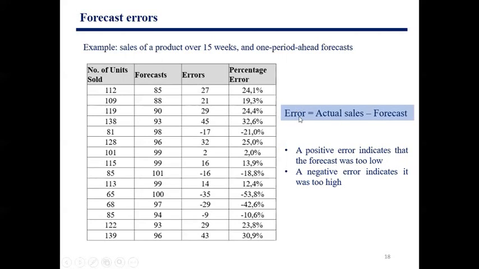Here you can see that when you have a positive error, it means that your actual sales are higher than your forecast. So your forecast is low, and you have to be careful about that. And a negative error indicates the opposite, that your forecast is high.